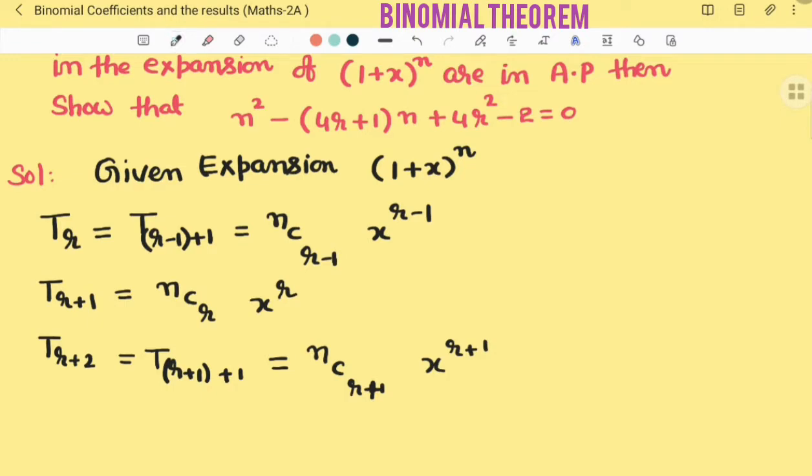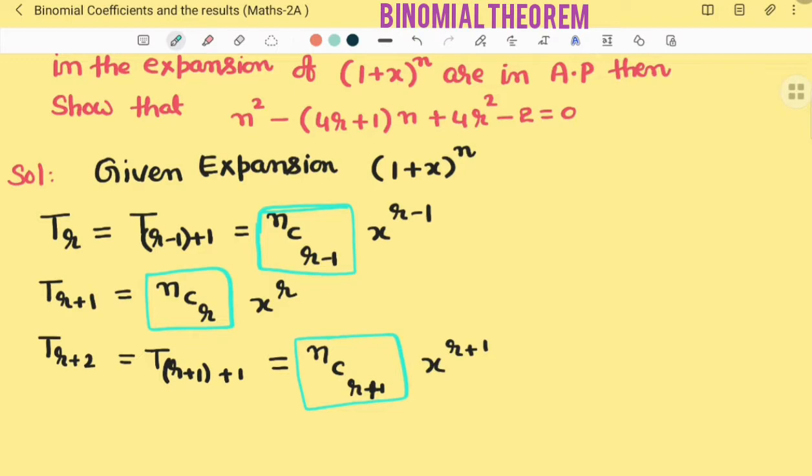In this they are asking for the coefficients of the rth term, r plus 1th term and r plus 2th term. The coefficients of these are nC(r minus 1) in the rth term, nCr in the (r plus 1)th term, and nC(r plus 1) in the (r plus 2)th term.